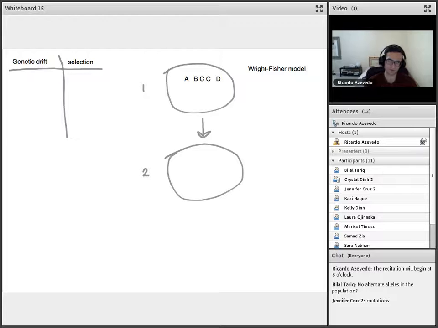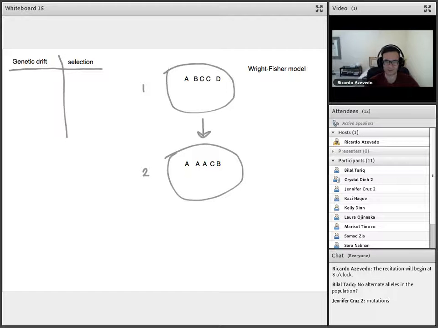But for the sake of comparison, the simplest scenario would be picking individuals where everyone has the same fitness value. So in the next generation, I just pick at random, and I can end up with something like this. It's a new configuration of alleles.